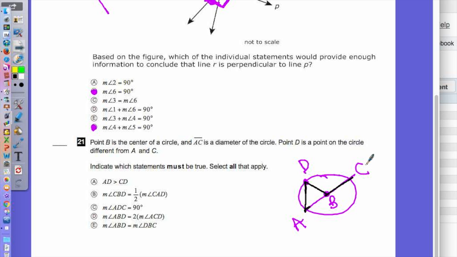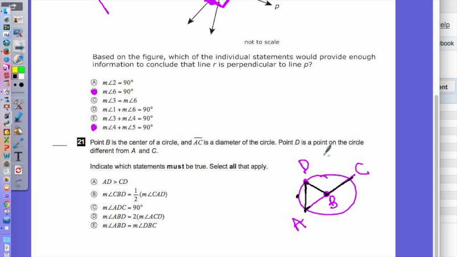So even though it doesn't really depend, because what you have now is a central angle and an inscribed angle that intersect the same arc, correct? So they're going to change, but at least in that case, they'll all change basically the same way. If CBD gets larger, so if I moved point D, let's say, over to here, and it got wider, well, then angle CAD would get wider also.